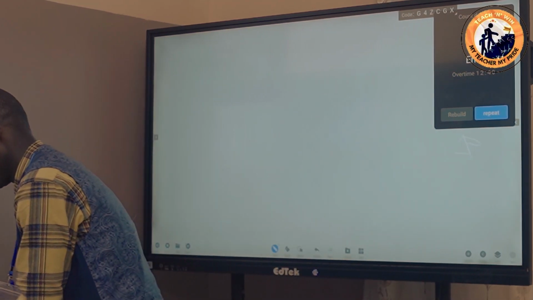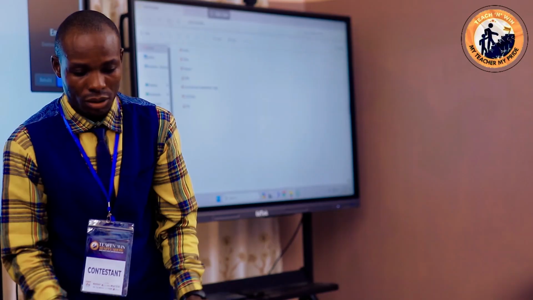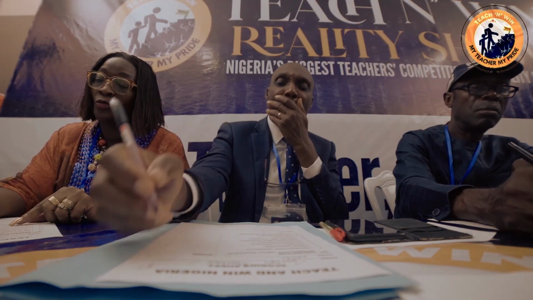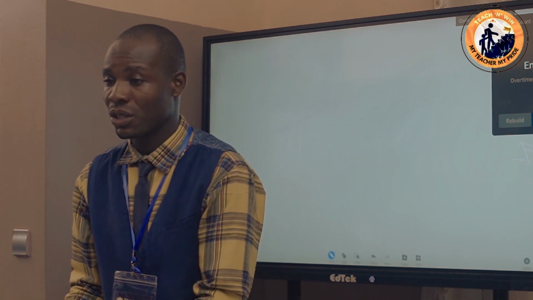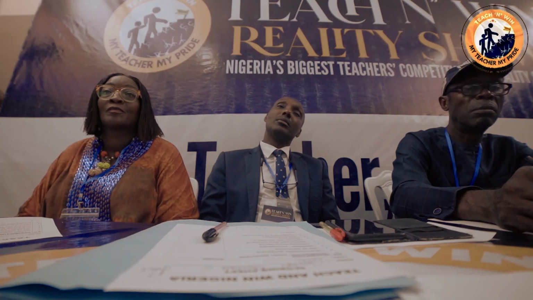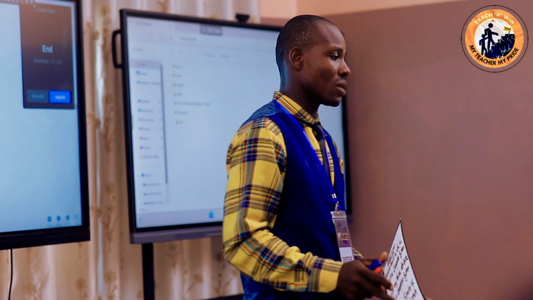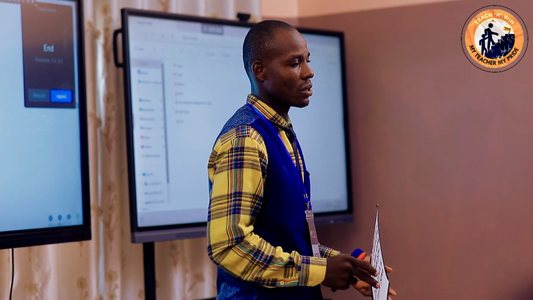The topic I want to teach is the concept of computer system. At the end of the lesson, the student should be able to define the computer system, list some attributes of a computer system, and mention some parts of the computer system.